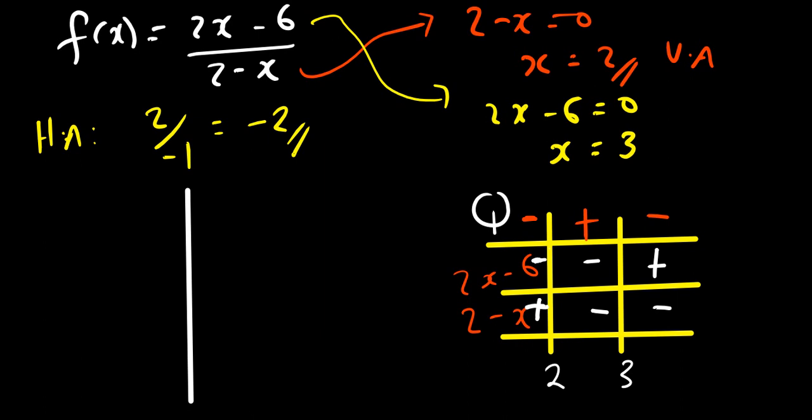This is our y-axis, this is our x-axis. Let's put our vertical asymptote. We only had the one in this case.